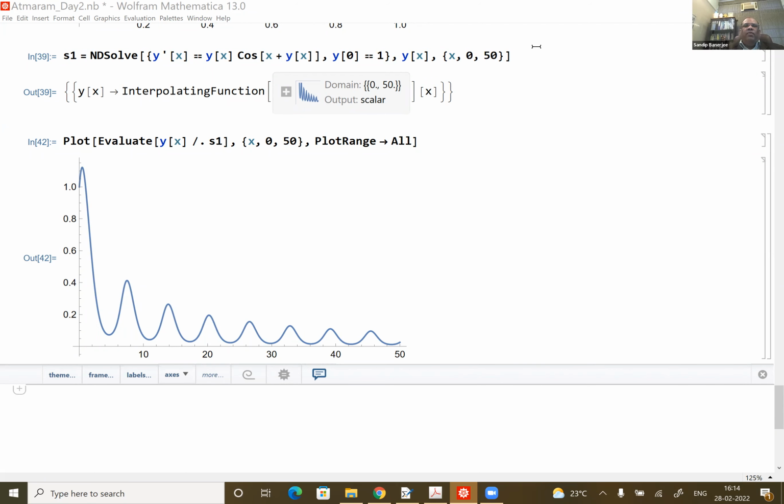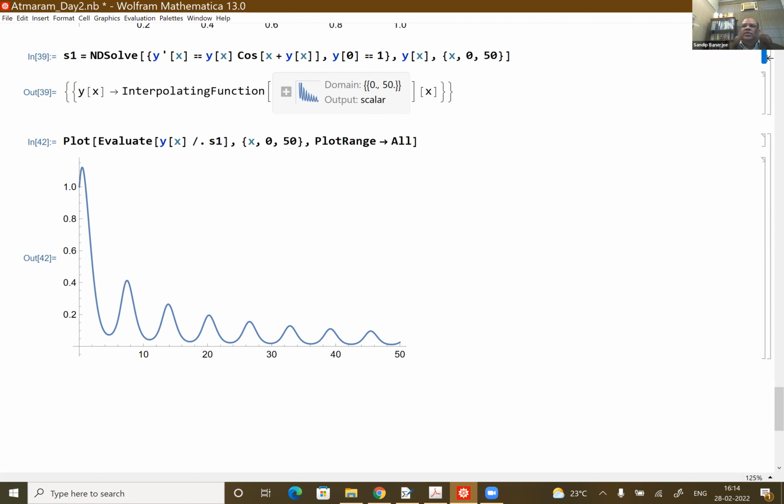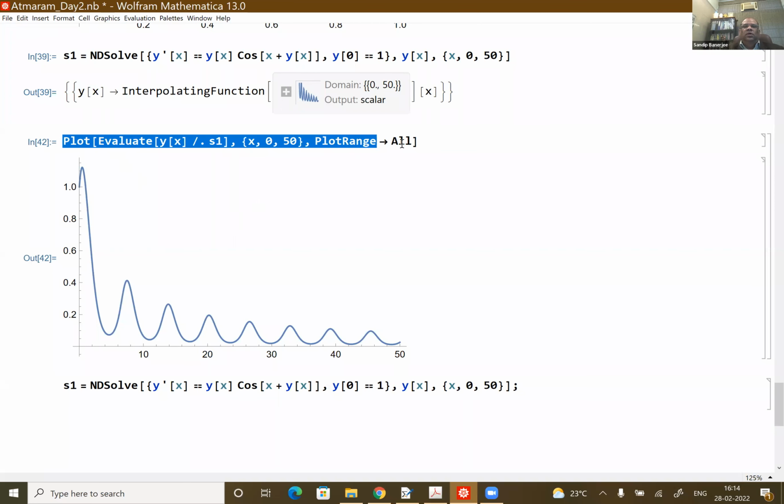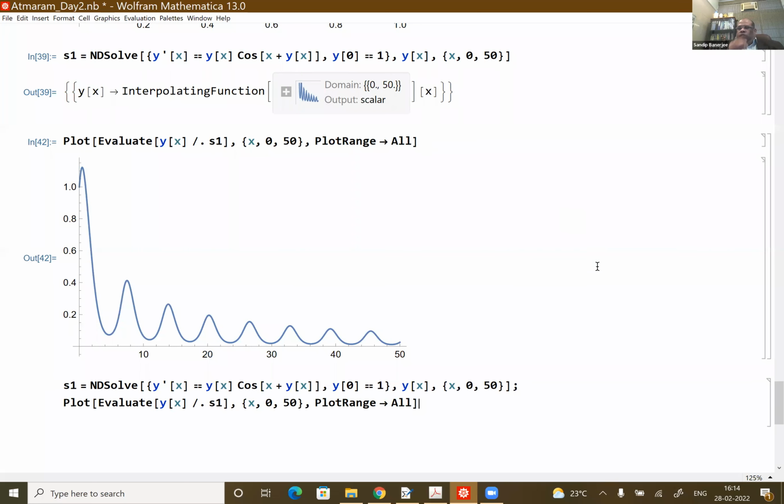So I will be putting a parameter in this. So what I'm doing is, this is an individual problem. I will now insert a parameter A. Anywhere I put it here.